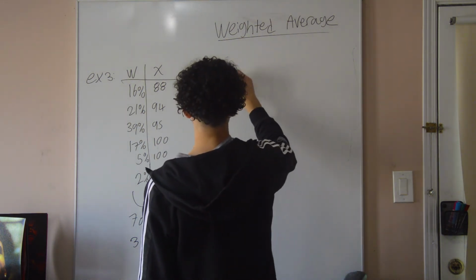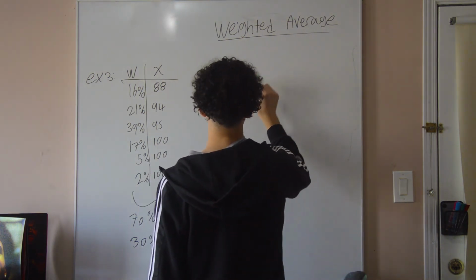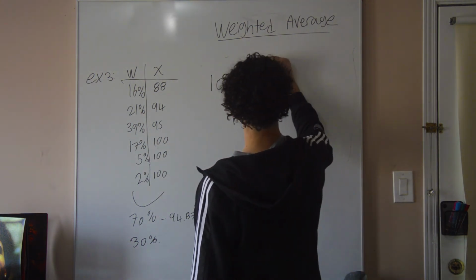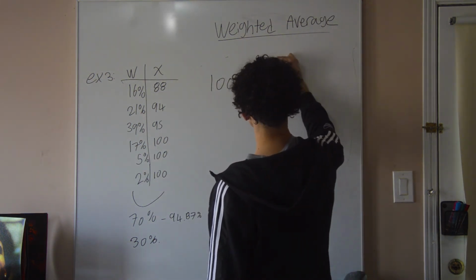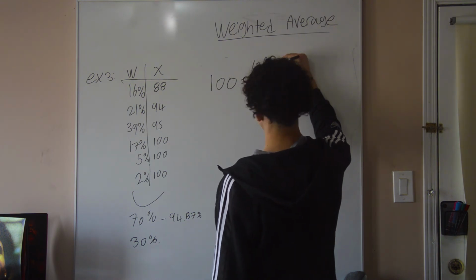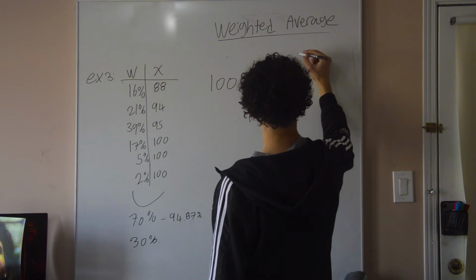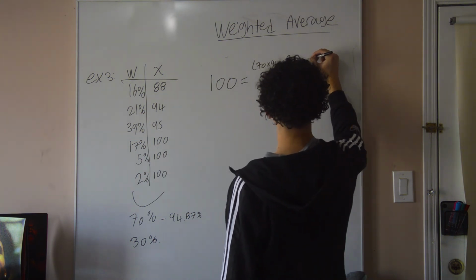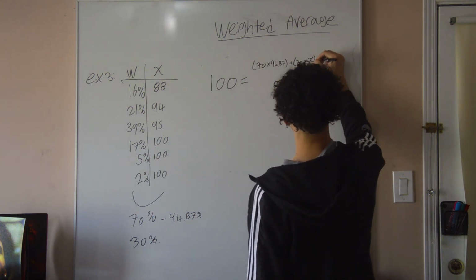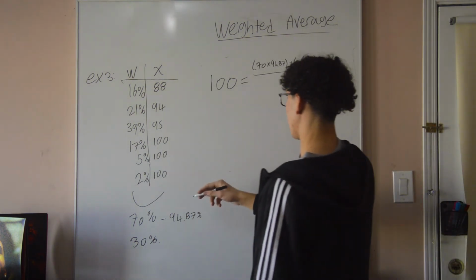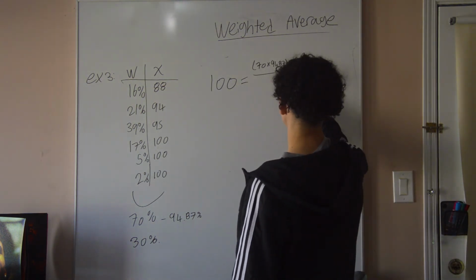We want our final mark to be 100, so the weighted average equals 100, is equal to 70 times 94.87 plus 30 times x, and we are solving for x now. All that divided by 70 plus 30.